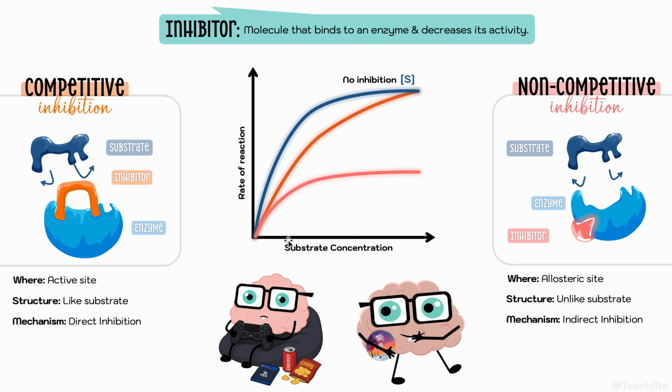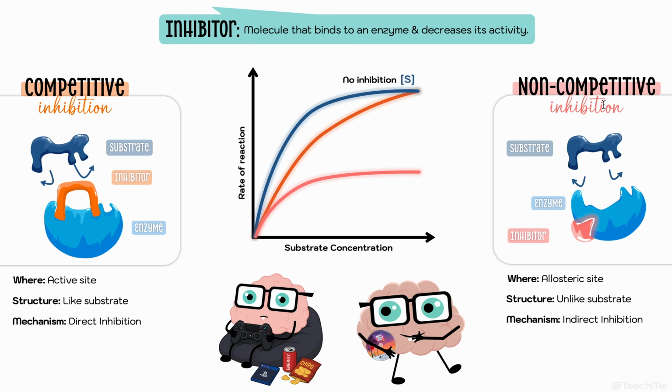You'll notice that as we increase the substrate concentration, this one has a slightly lower rate of reaction than the situation with no inhibitor present. But as we approach real high substrate concentrations, it will eventually meet the line with no inhibitor present because at very high substrate concentrations, they will totally overwhelm, totally overpower the inhibitor. So it's as if the inhibitor is no longer even there anymore, and the maximum rate of reaction will be met.